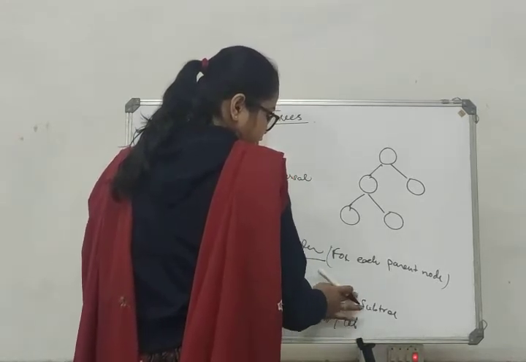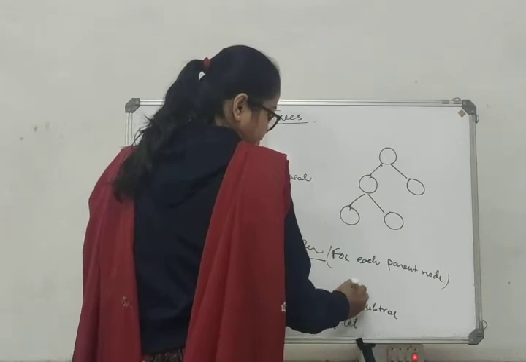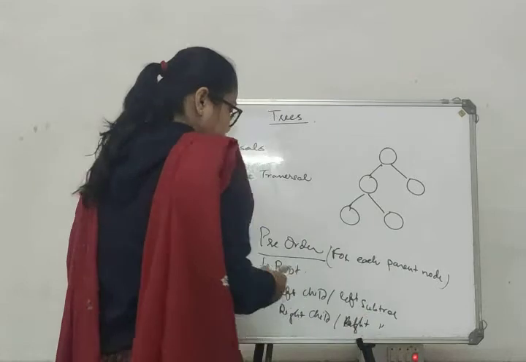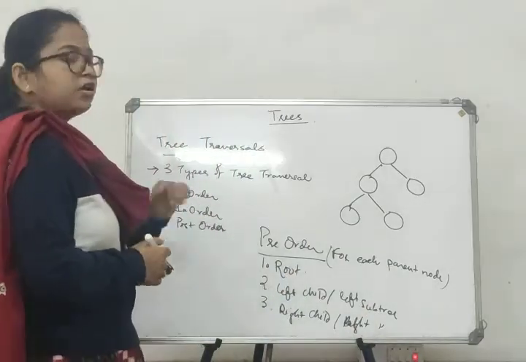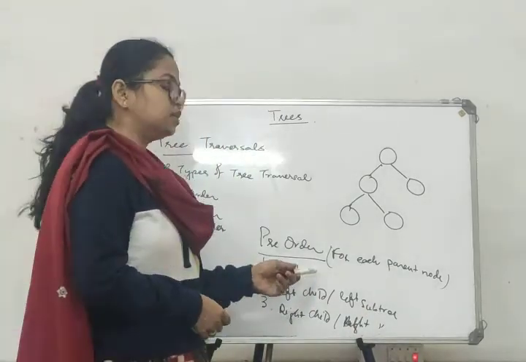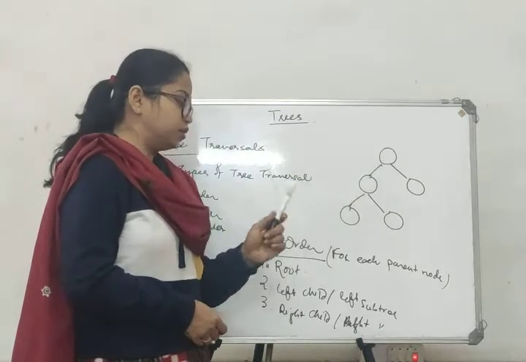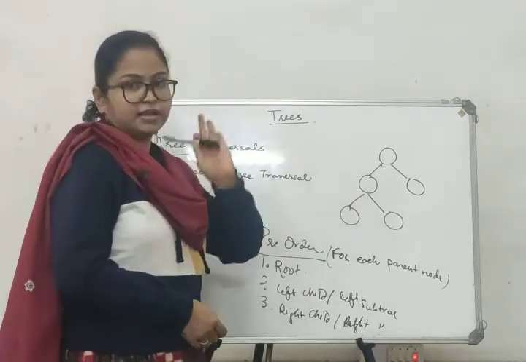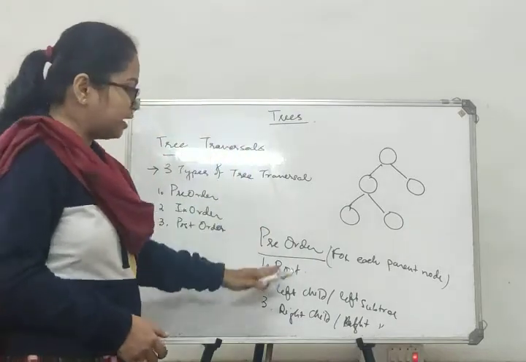So this is left, right subtree. Okay. So by pre-order's definition, first we have to visit the root. Given a tree, we have to first visit the root, then the left child, then the right child. So we will just blindly follow this.